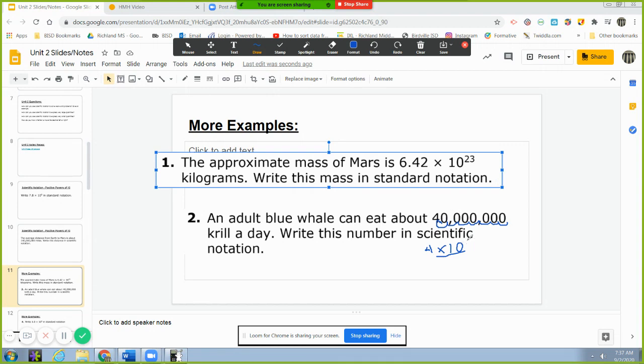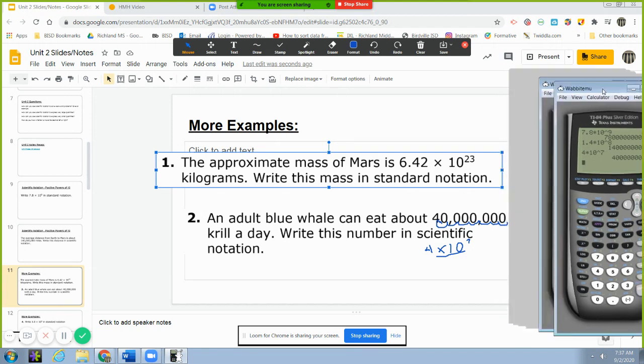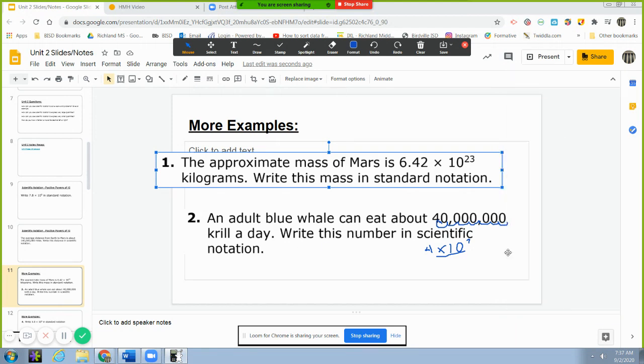Times 10 to the 7th power. And if we put this on the calculator, we will have 4 times 10 to the 7th power. And there's our number. So you should never miss these because you can do it by hand and then you can check it with your calculator.